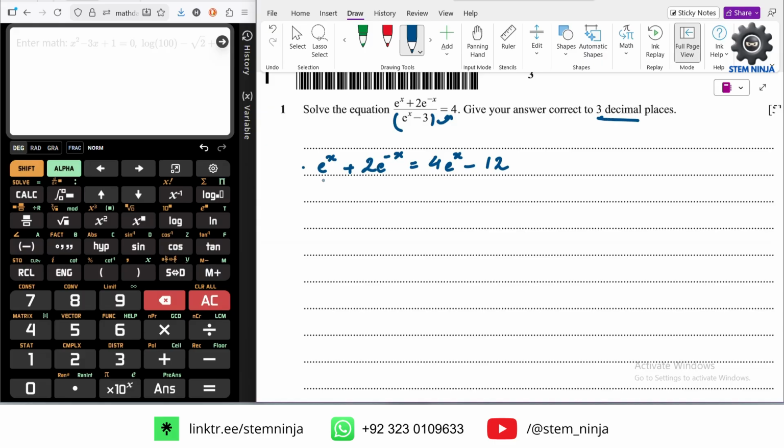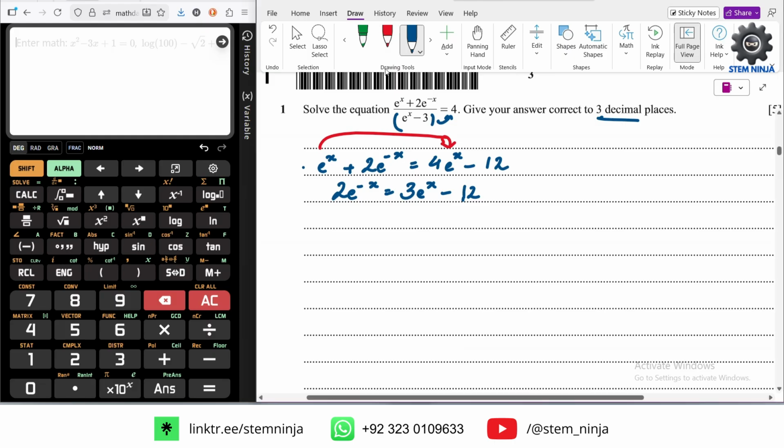Okay, so we take this e^x on this side, which would make it 2e^(-x) = 4e^x - e^x, this is 3e^x - 12. Right, okay.